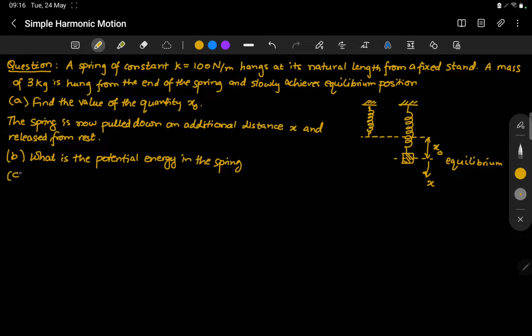The next part is, what is the speed of the mass as it passes the equilibrium position?